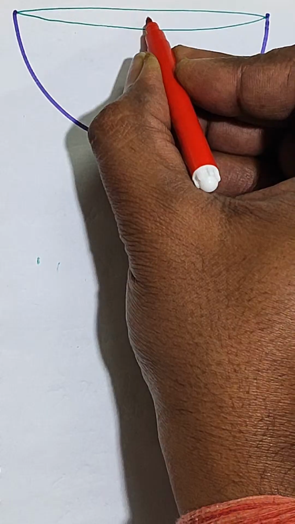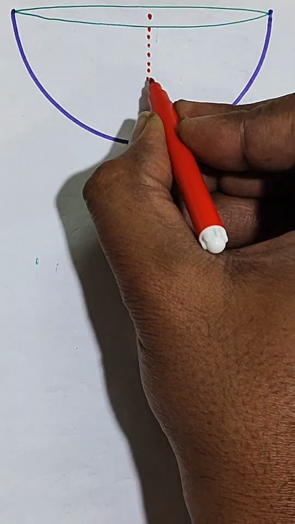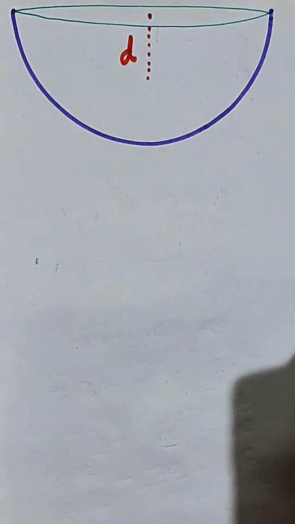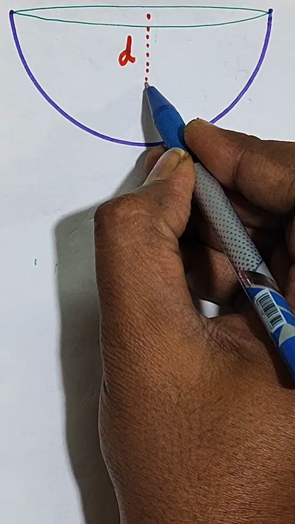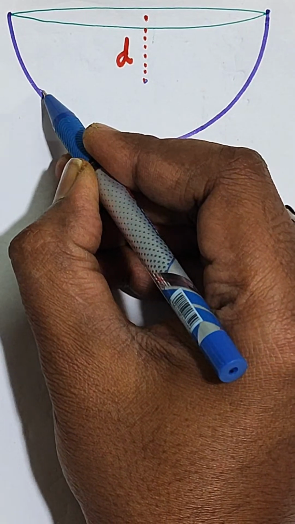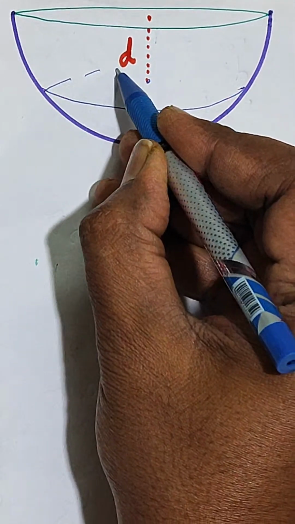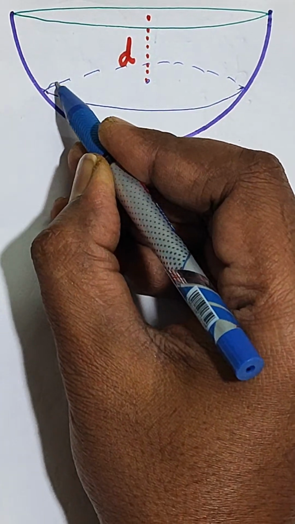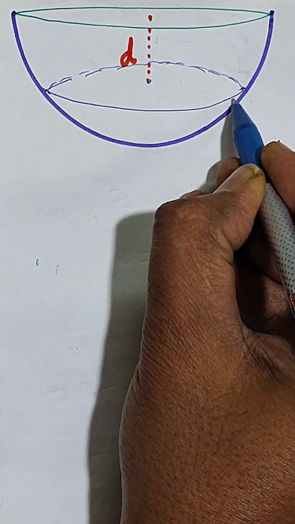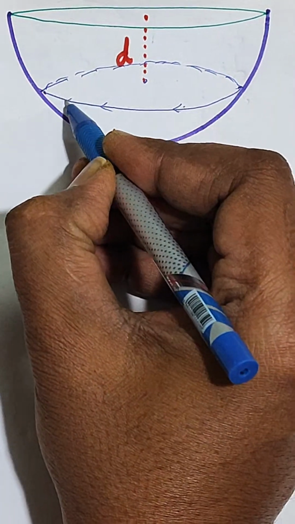If this is the center of the bowl, then at a depth d below its center, in this plane, the particle is rotating, going this way, then again this way, like this.